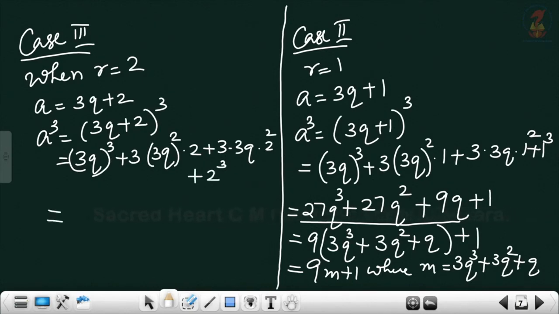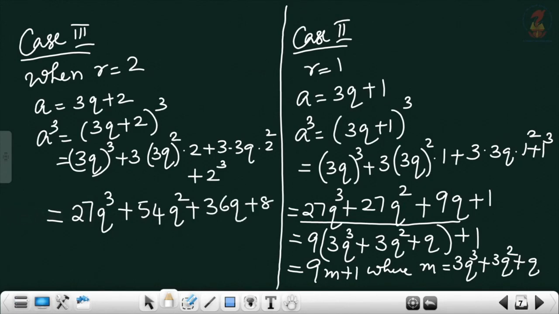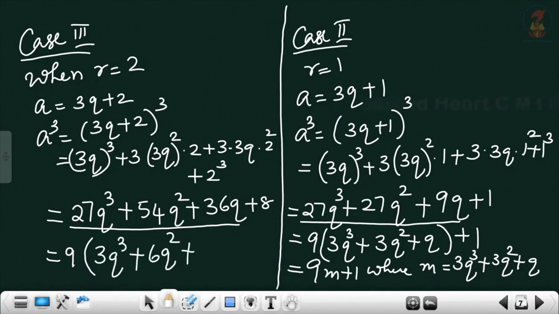So, this is equal to 27q cube plus 54q square plus 36q plus 8. So, from the first three terms we can take 9 out. 9 into 3q cube plus 6q square plus 4q, then plus 8.